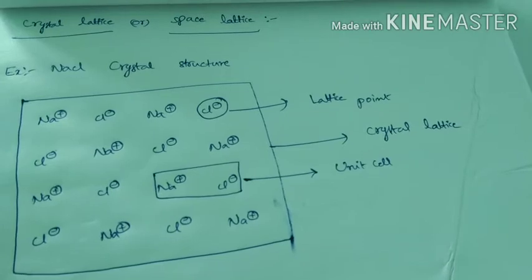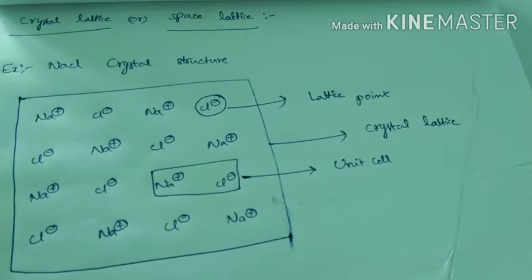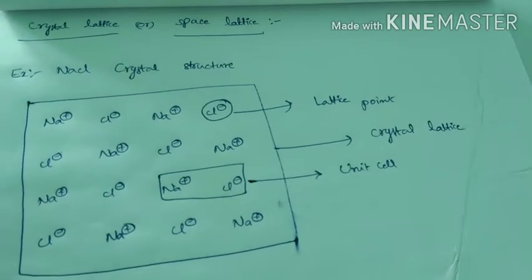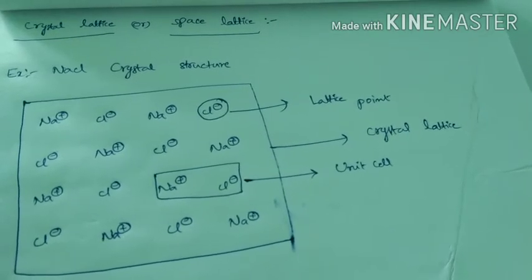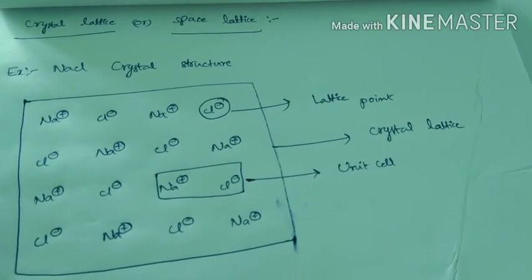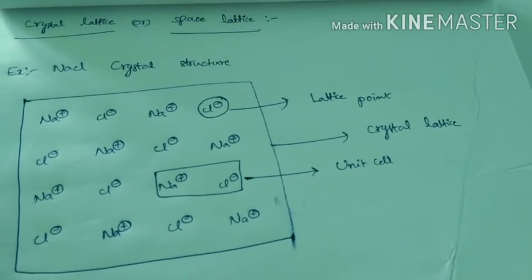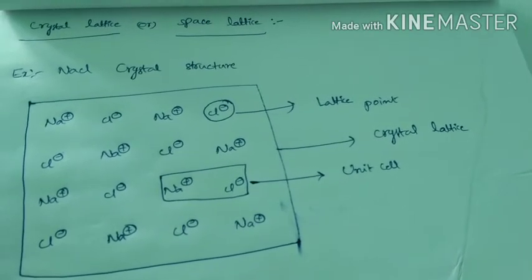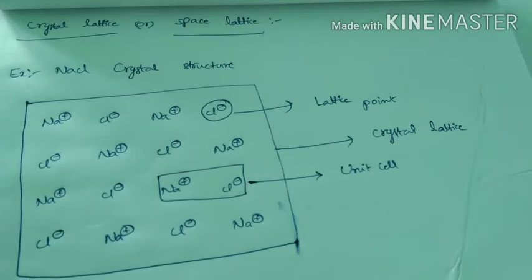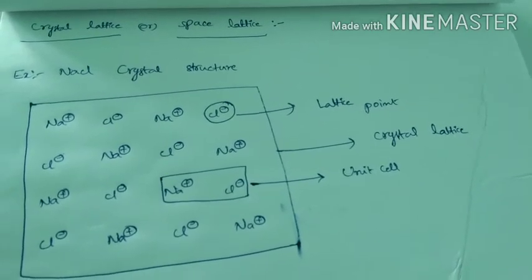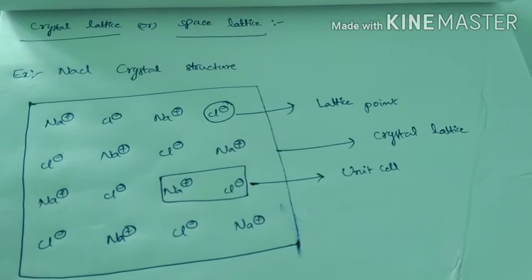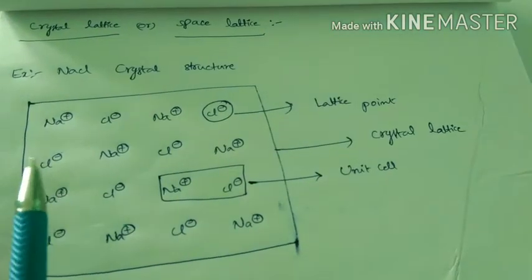Therefore, metals have luster property. I repeat once again, when light falls on the metal surface, it gets reflected because of free electrons. Therefore, metals have luster property. Luster means shining property. So that is about metallic solids.